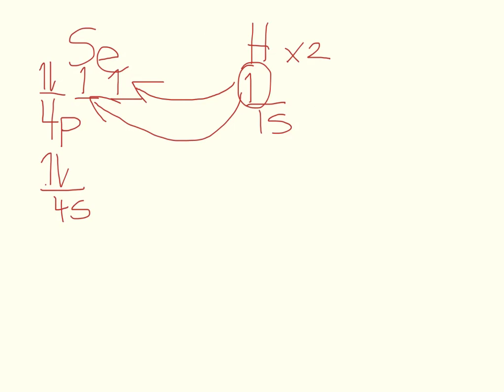So there's not going to be need for a selenium electron to be promoted because there's already two spaces open. But in order for selenium to make bonds, it's going to have to hybridize its electron orbitals into sp3.